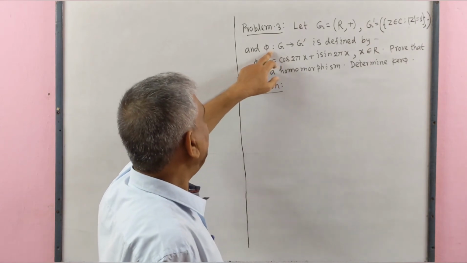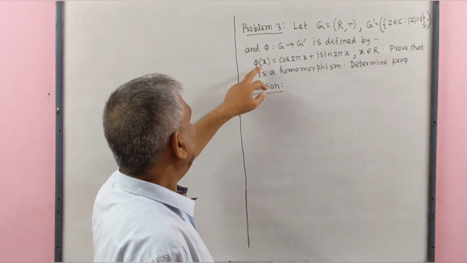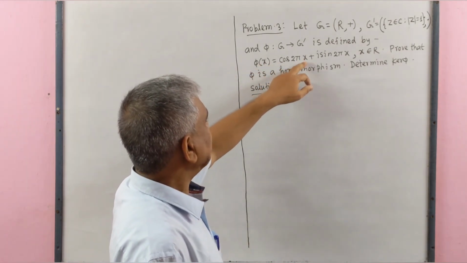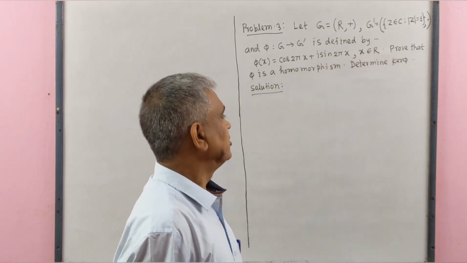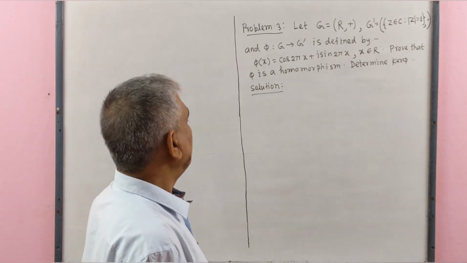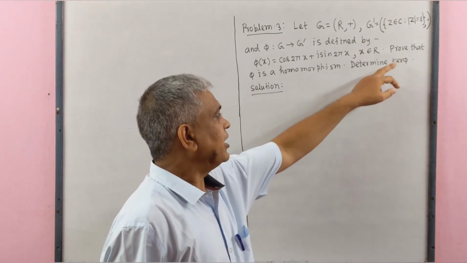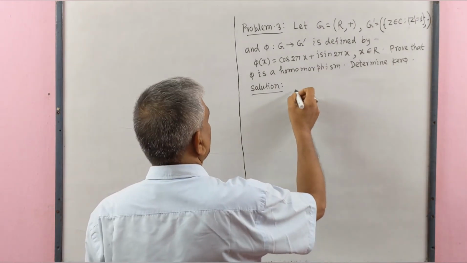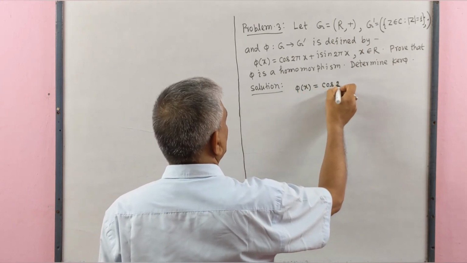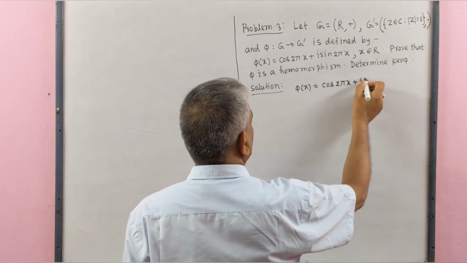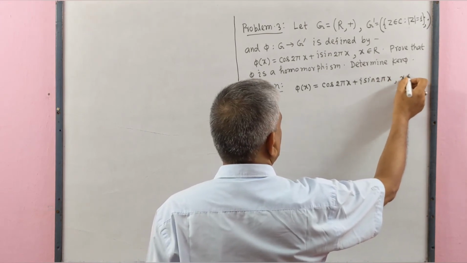Phi is a mapping defined on G into G prime as phi x equals cos 2 pi x plus i sin 2 pi x, x belongs to R, R being the set of real numbers. Prove that phi is a homomorphism. Determine the kernel of phi. Given that phi x equals cos 2 pi x plus i sin 2 pi x, x belongs to R.